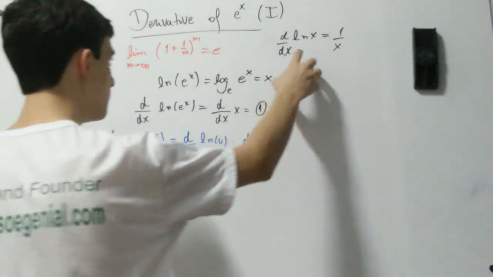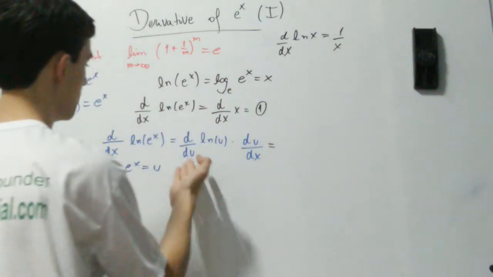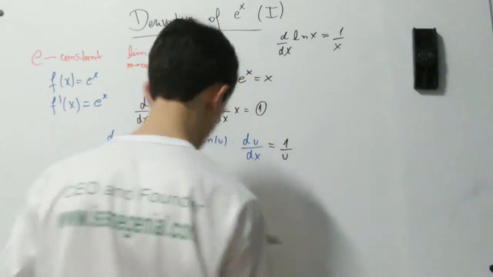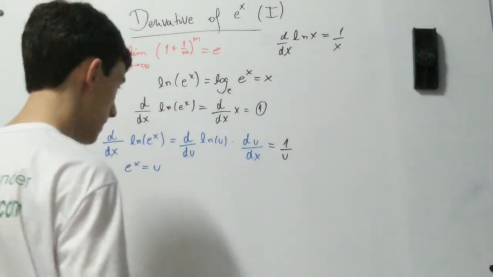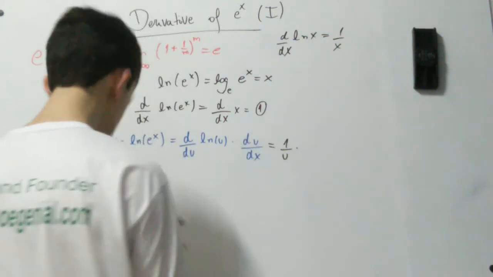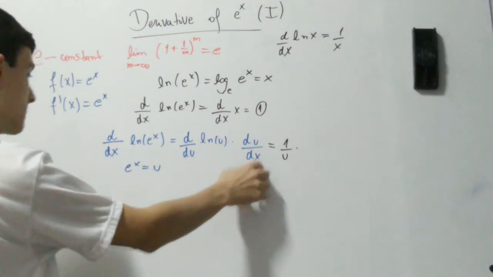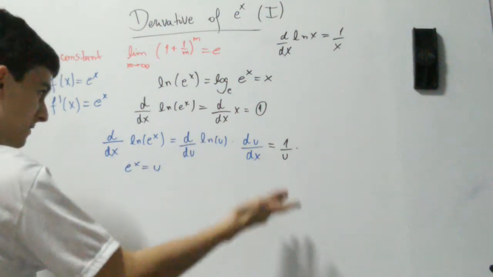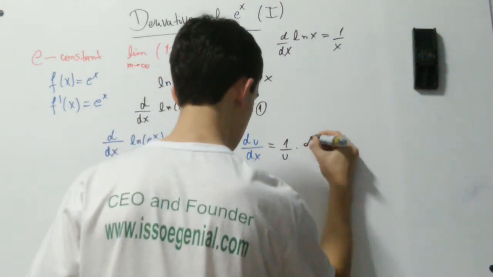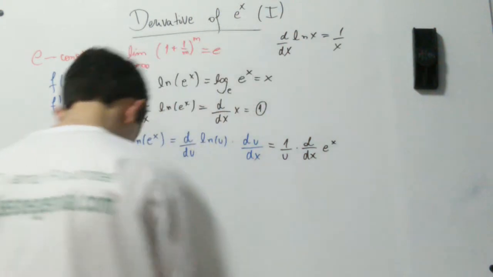So, if the derivative with respect to x of natural log of x is 1 over x, the derivative with respect to u of natural log of u is 1 over u, or u raised to the negative 1 power. And I'm going to multiply that by the derivative of u with respect to x. But u is e to the x. So this here is the derivative with respect to x of e to the x.